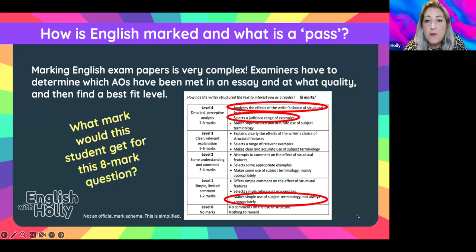If an examiner felt that this particular student really is good at analysing the effects of writers' choices, really good at embedding quotes, but doesn't really use much subject terminology, and only simple ones and not always appropriately, then they have to decide how many marks they would award. So if you're looking at your student's work and you're thinking, well, they've done brilliantly on this, they should be getting a 7 or an 8, but they've only got a 3, there may be a complex reason why.